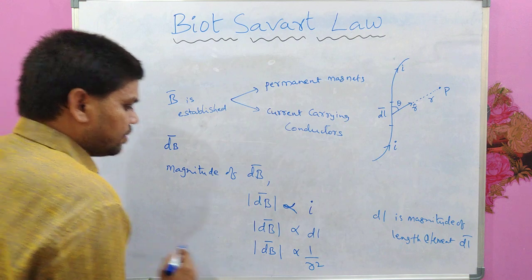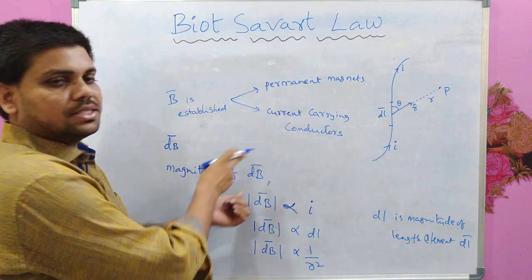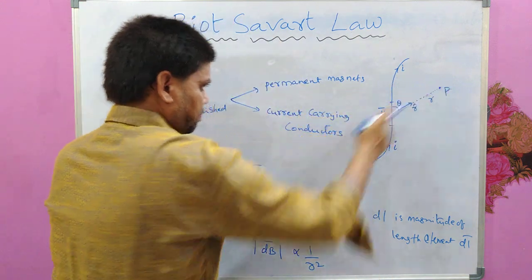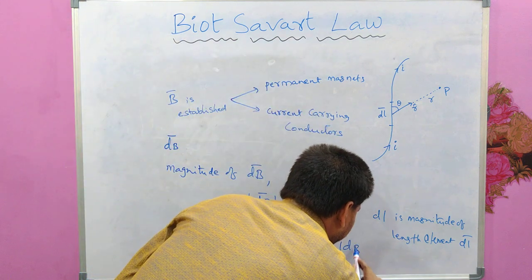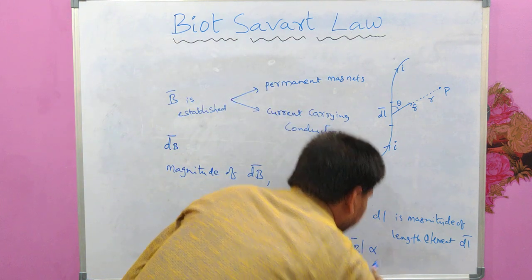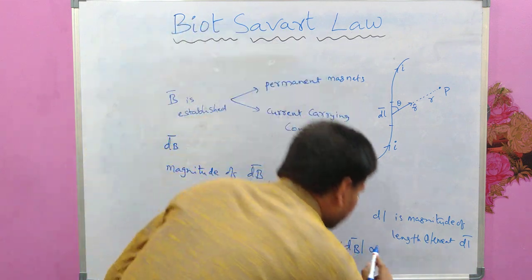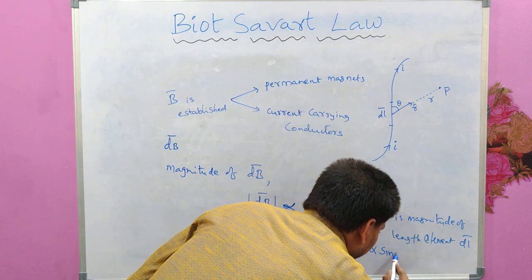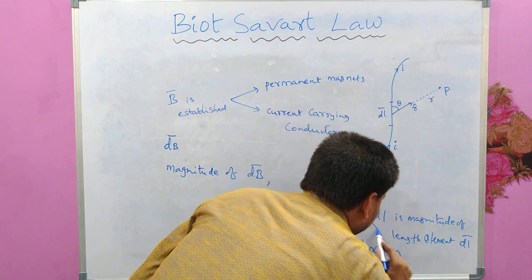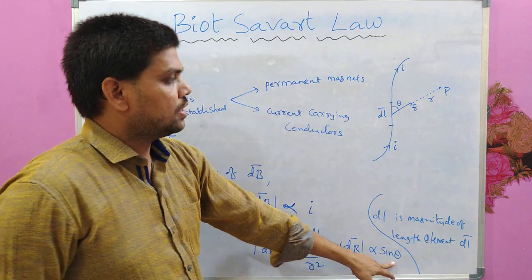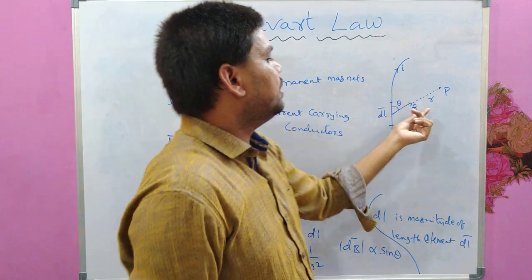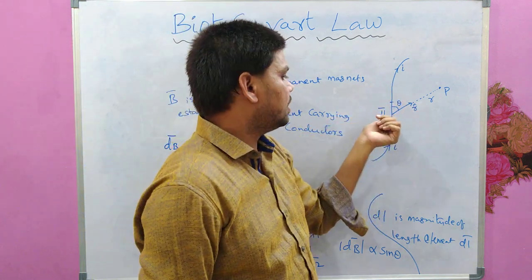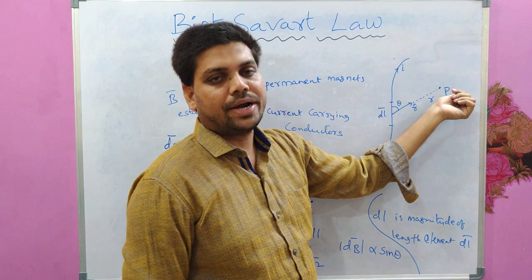And also the magnitude of this magnetic field at P is found to be proportional to sine of angle between this length element dl and unit vector directed from length element to the point.